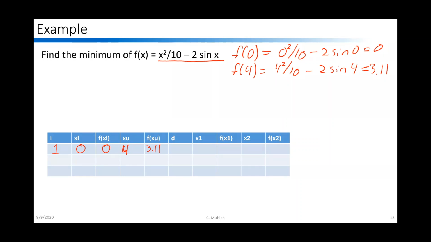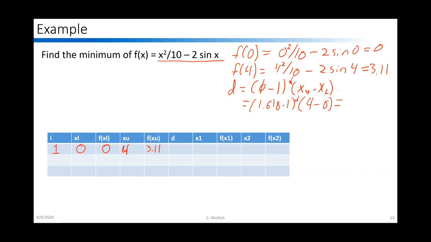Now I need to know what d is. If you remember from the previous slide, we have d equals phi minus 1 times x upper minus x lower. This is going to be 1.618 minus 1 times our upper value, in this case 4, minus the lower value of 0.